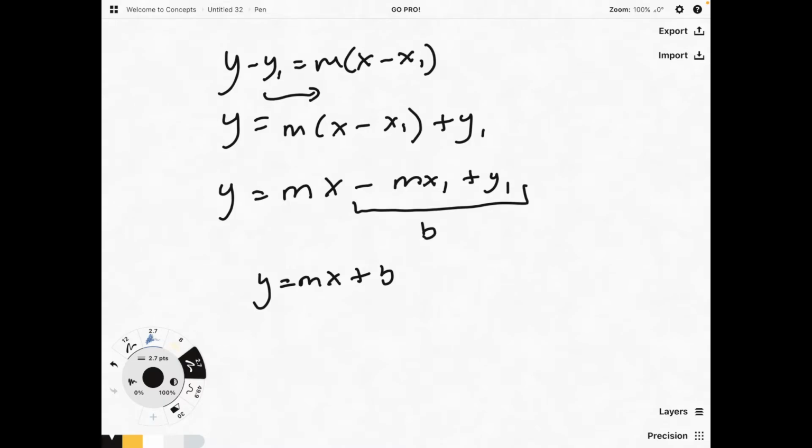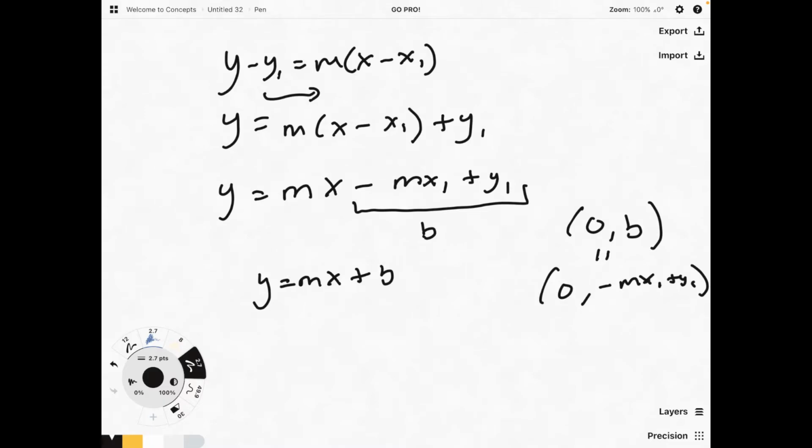You don't really have to understand this proof, but basically what it's telling us is that if we plug in the point (0, b), or (0, negative mx1 plus y1), that will tell us where the line intersects the y-axis.